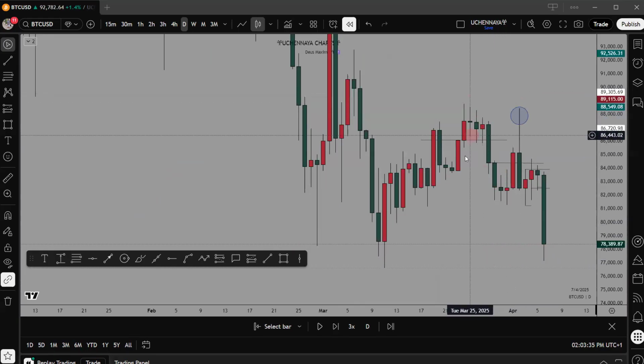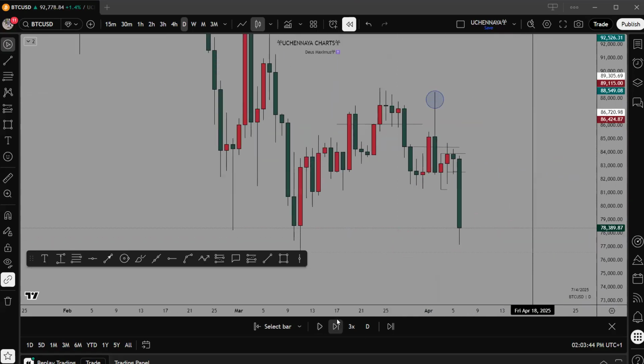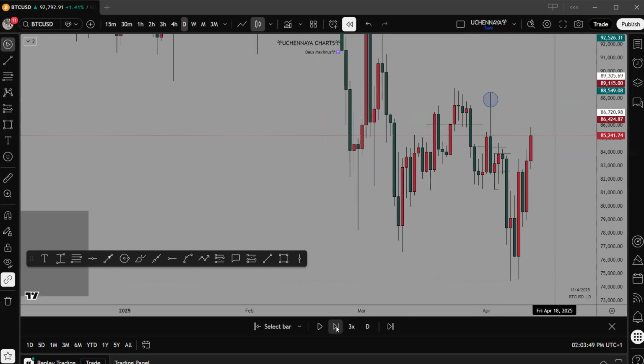Weekly reject weekly, daily breakout. Do we have a breakout? No. Just weekly reject weekly and daily doing its thing. That's just it.